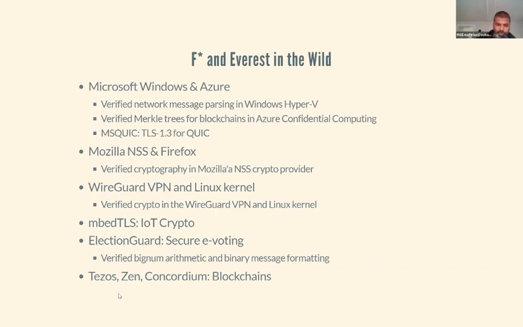We've been using F* in Project Everest for some years now, and various components that we build are deployed in the wild. Within Microsoft, we have uses of Everest and F* code in several places. Recently, we've been working with Windows and Hyper-V, which is the main isolation technology used in Microsoft Azure, to replace some of their code that does network message parsing with verified code produced from F*.